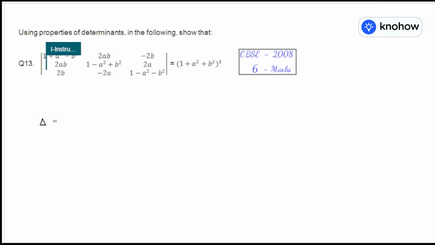So if you look at it carefully, let me write the left hand side again.